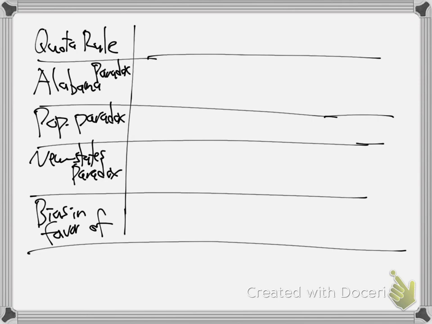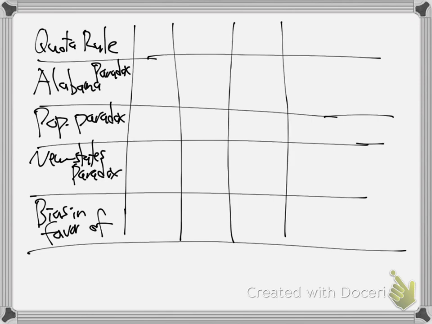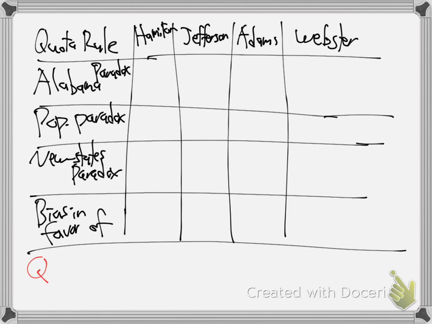So we've got Hamilton, Jefferson, Adams, Webster. And then at the bottom I'll put the quota rule. That's important too.